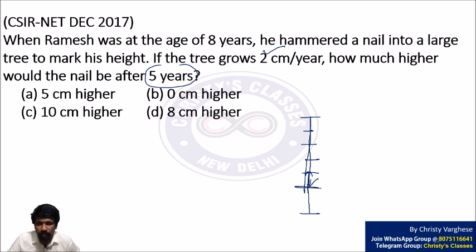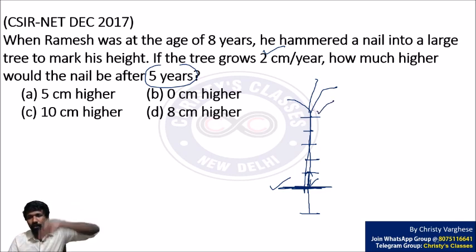If so, will this position of the nail change, or how much higher will it be? That will not change. That is actually common sense also. And tree growth is actually not through the whole trunk, it is called apical growth.